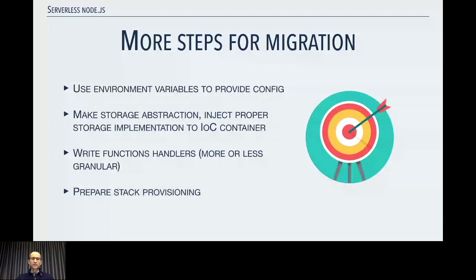Okay, so let's take a look at our code. Let's start with the API. Before going serverless, it had an entry point which looked like this. It's just a small code snippet to make it clearer.